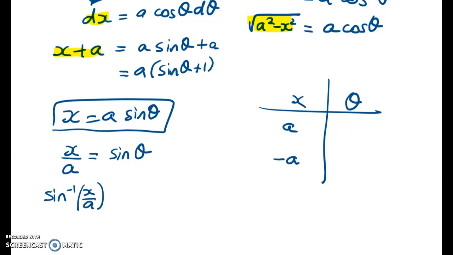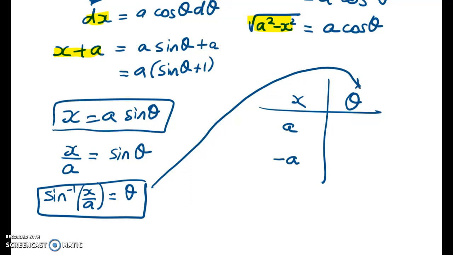So sine inverse of x over a is equal to theta. Now we're ready to change the limits. Theta is going to equal, for my top limit, sine inverse of a over a, which is the angle whose sine is 1, which is pi on 2.